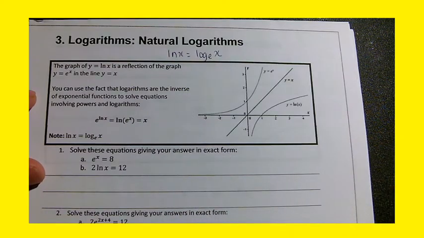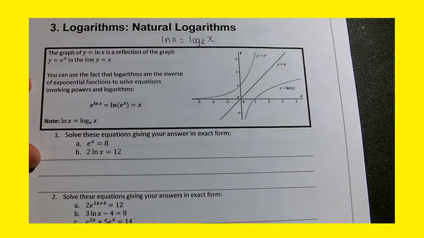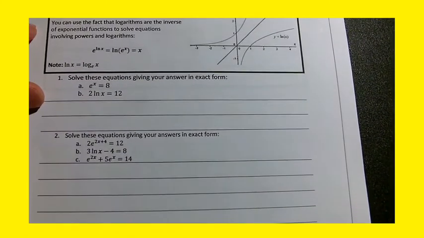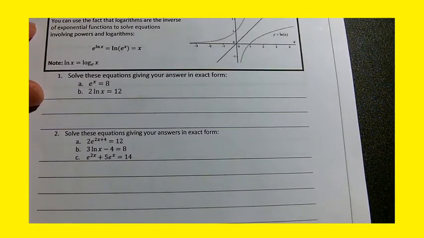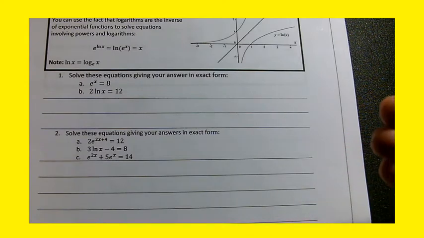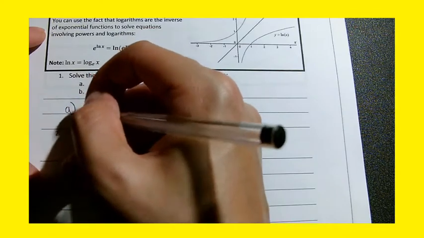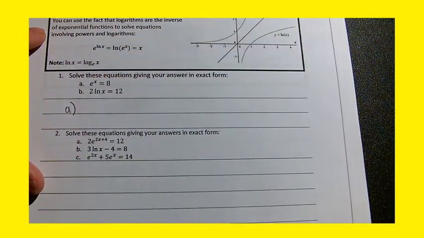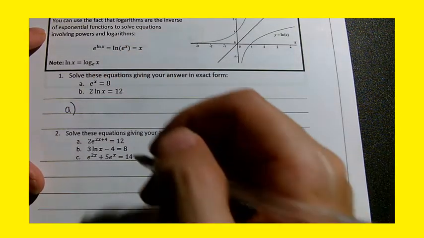So let's get into solving these equations and seeing what kind of skills we need to solve them. Most important thing is to remember before we start solving them that these are still exponentials and these are still logs. There's no special technique really. Right, e to the power of x equals 8. That's an exponential form.